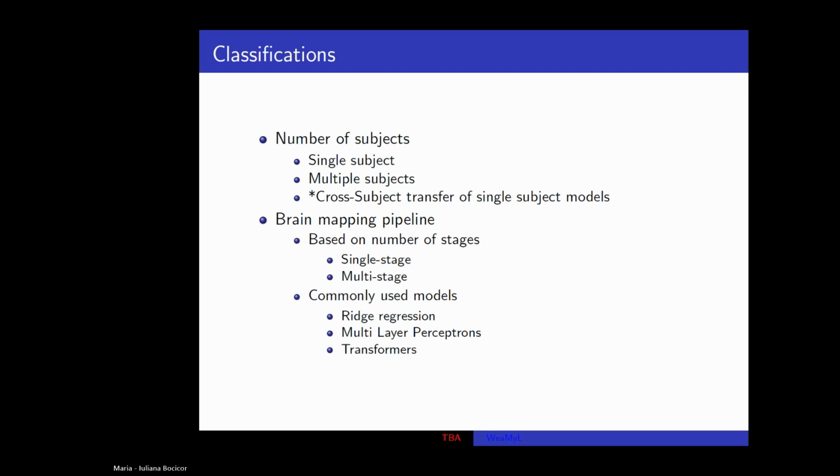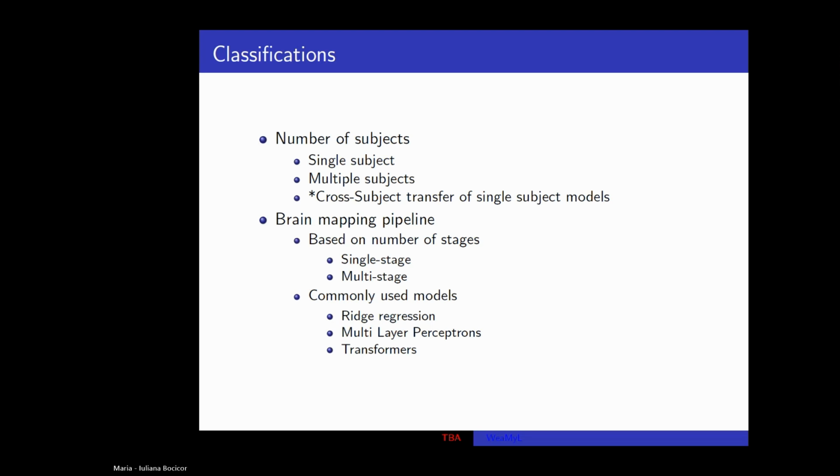I think I didn't mention in the previous slide, but the diffusion models especially rely heavily on contrastive language image pre-trained embeddings obtained by vision transformers. So these methods as well use them.